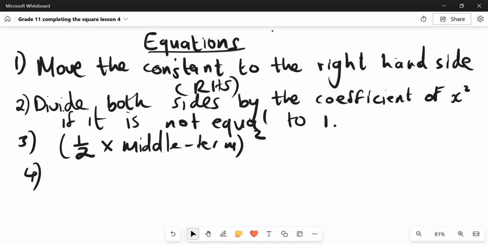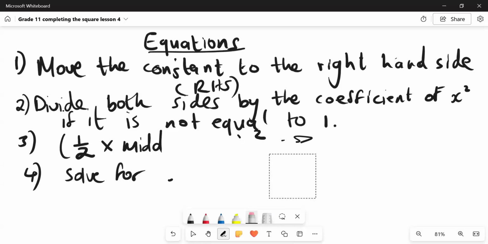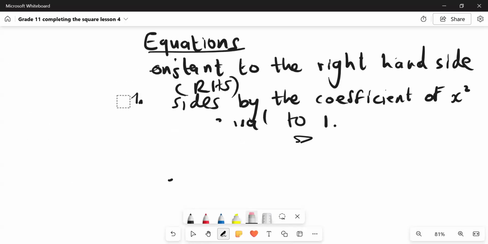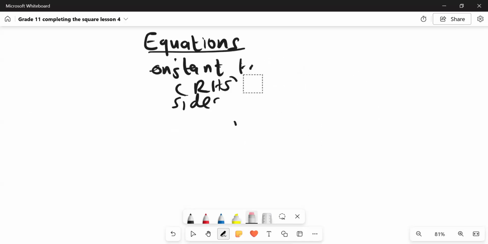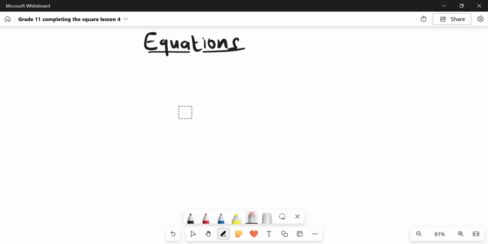And then number 4, you solve for x. I know now you understand what I mean by step number 3. So please make sure that you write these steps down before I start with my examples, right? When you're done writing, that's when you can continue to listen to me as I'll be explaining how to complete the square when it comes to equations.